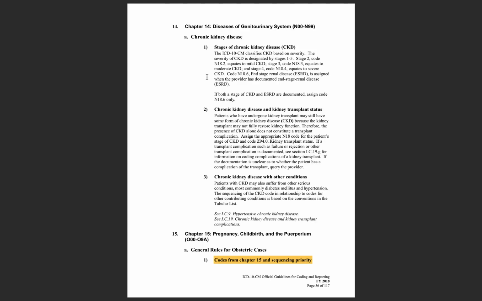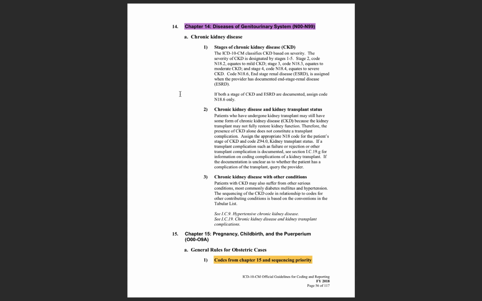Chapter 14, Diseases of the Genitourinary System. Chronic kidney disease. Stages of chronic kidney disease. The ICD-10-CM classifies CKD based on severity. The severity of CKD is designated by stages 1 through 5. Stage 2, code N18.2. This equates to mild chronic kidney disease.